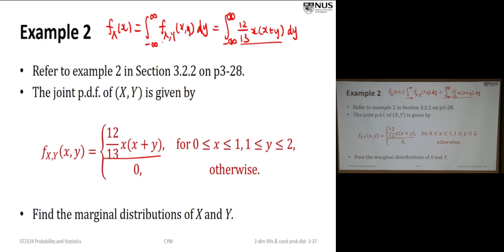Please read carefully. The PDF is equal to this one only over here. In other words, it's only valid when y is between 1 and 2. Not only that, there's another criterion, x. Can that apply to any x?